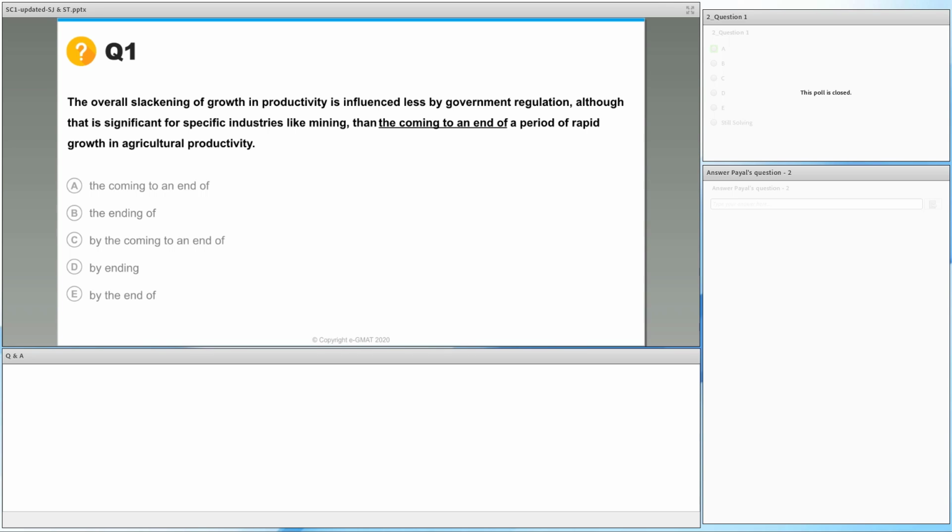Okay, perfect. So let's see if my annotations are going to work for me.